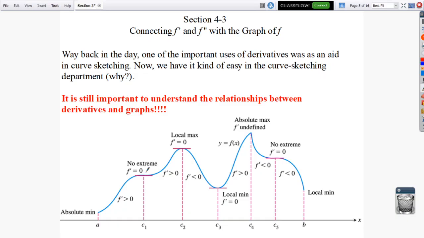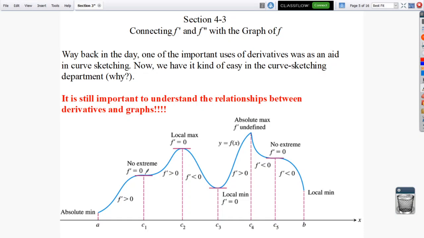But if we were to analyze this graph using that number line that we had from yesterday, we can see from C1 to C2, we have still a positive first derivative, which means the function is still increasing and makes C1 not a relative extreme.